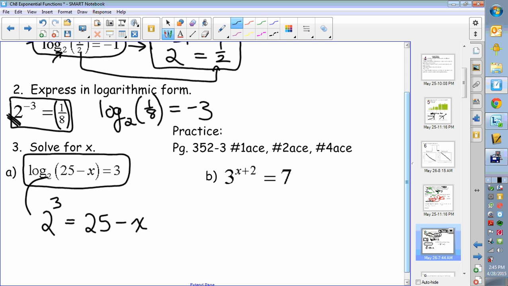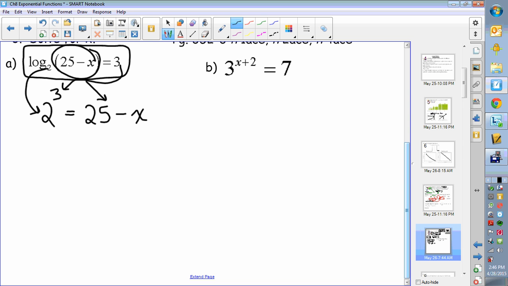So 2 is my base, 3 is the exponent, and what's in brackets goes out there. So 2 to the 3 equals 25 minus x. I believe you can solve that equation. 8 equals 25 subtract x. Simple rearranging. 25 take away 8. Looks like you get 17.